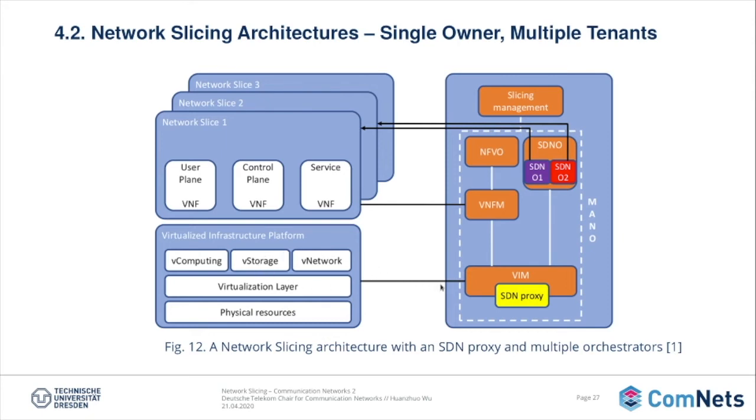In this case, the SDN proxy provides an abstraction of the network forwarding path that allows it to slice the network.